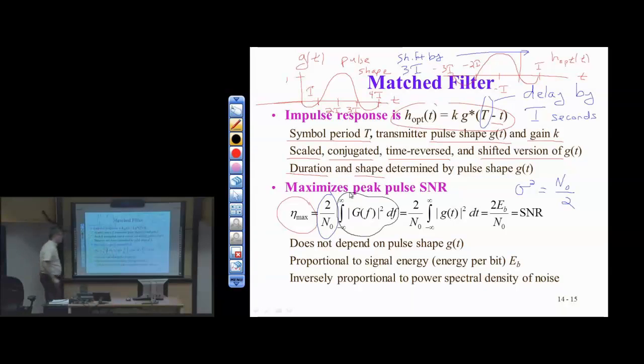Now this is actually signal energy, which is interesting. We're integrating the power spectrum over all frequency, so we're really finding the energy in the pulse shape.